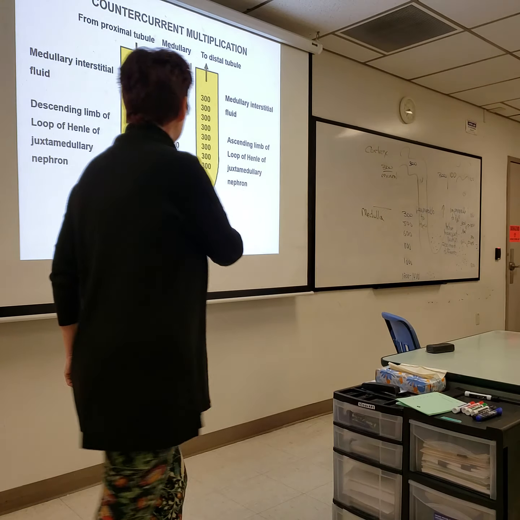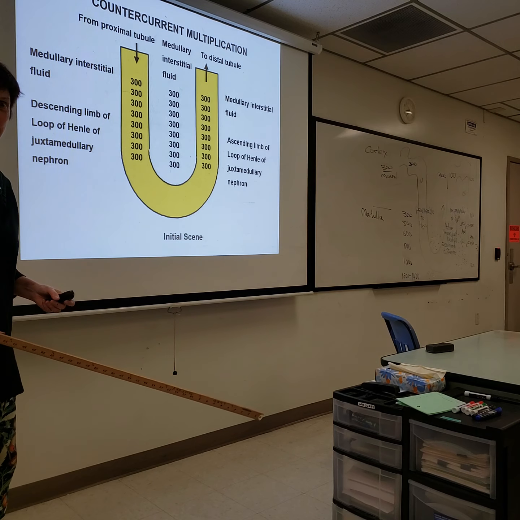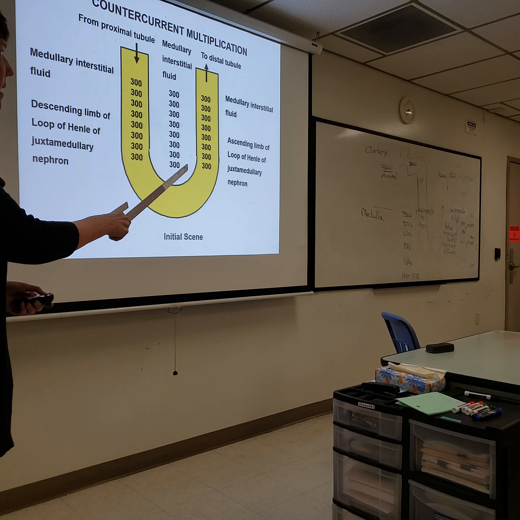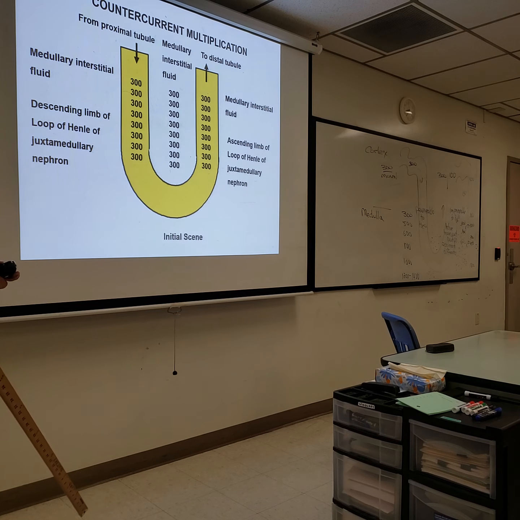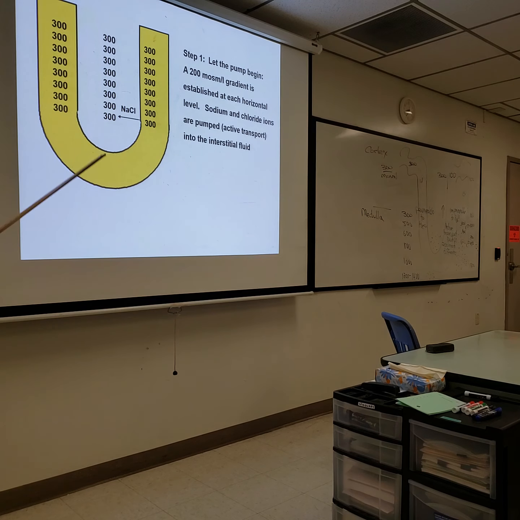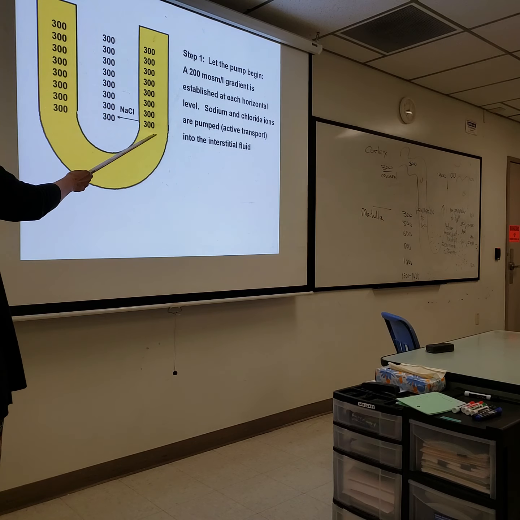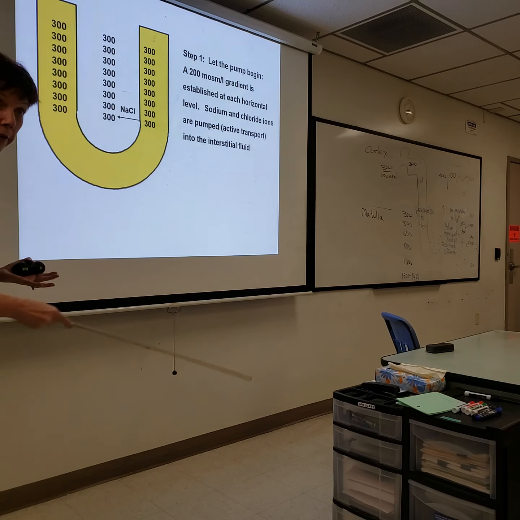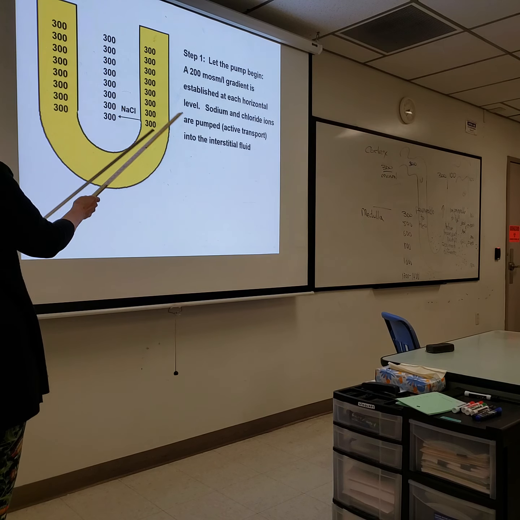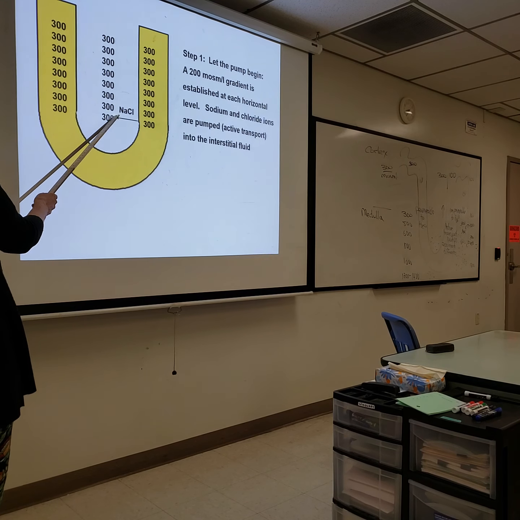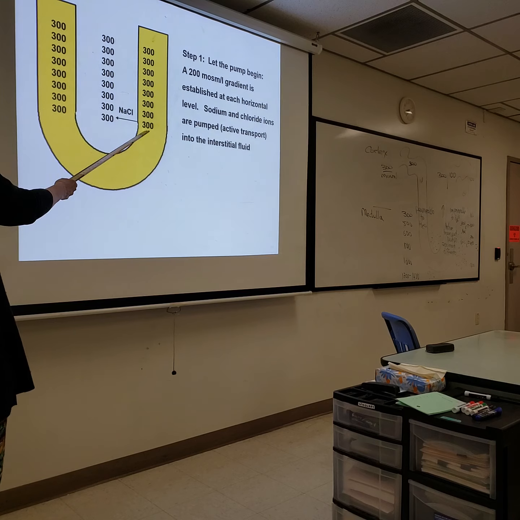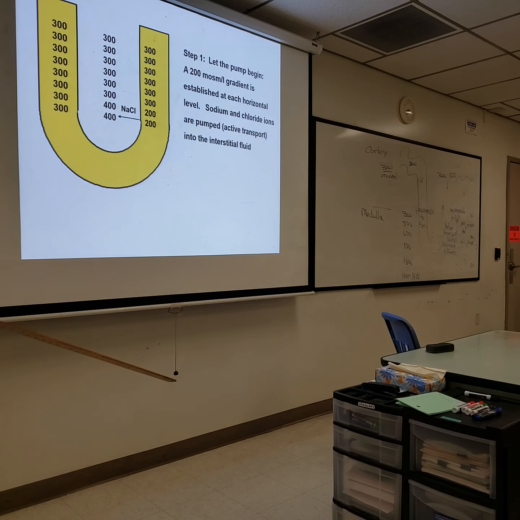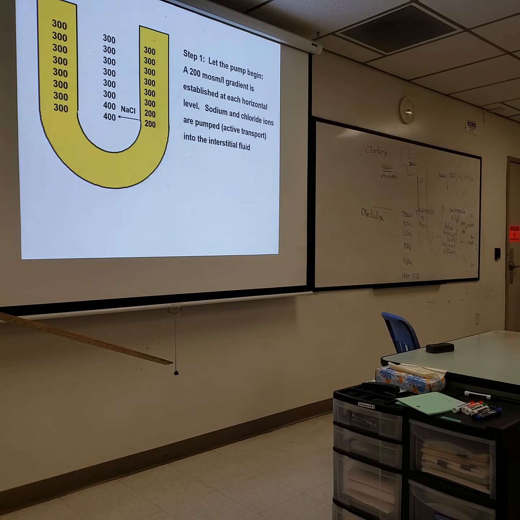Okay? Now we're going to turn on the pump. And the pump is in the ascending limb. So we pump sodium, and chloride follows passively. We pump sodium out, and some urea also goes out, but we're just going to focus on the sodium. So this is going to be higher, and this is going to be lower, all right? To a maximum of 200 milliosmol difference. Everybody with me on that?